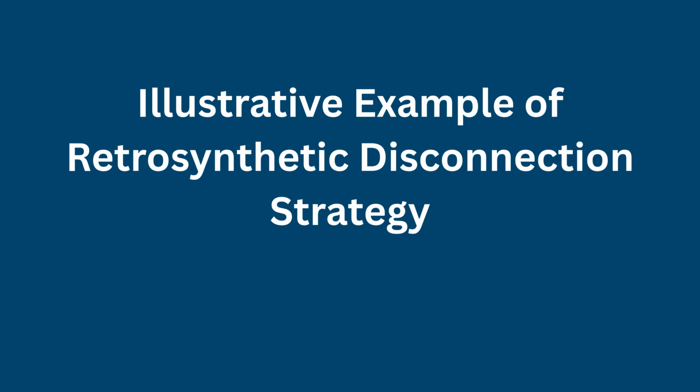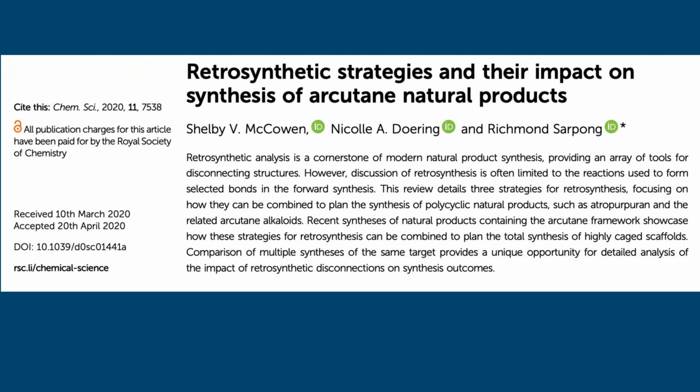Illustrative example of retrosynthetic disconnection strategy. In 2020, Professor Richmond Sarpong's group at the University of California, Berkeley published an article titled Retrosynthetic Strategies and Their Impact on Synthesis of Arcutane Natural Products.